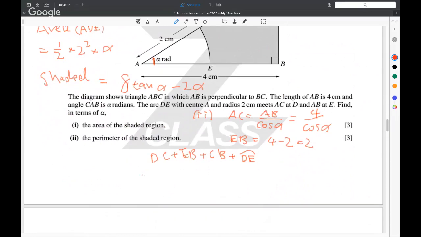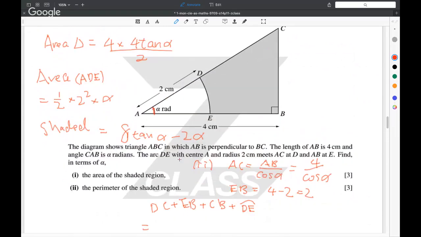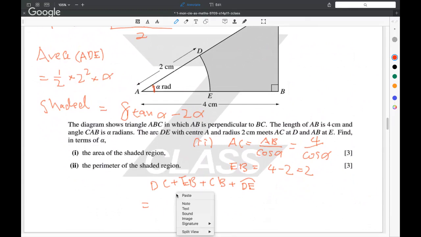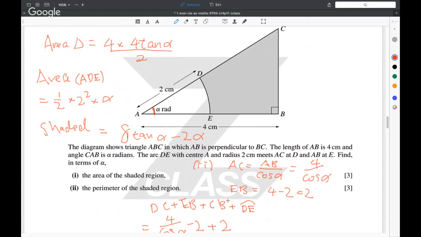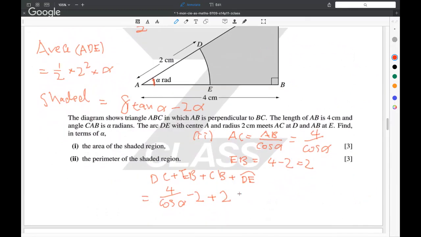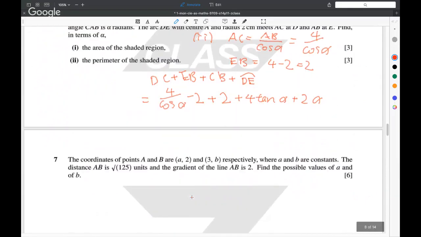DC would be AC minus AD, so that would be 4 over cos alpha minus 2, plus EB, that's 2, and CB would just be 4 tan alpha, as we've shown before, and then the arc DE is 2 alpha, and that will give you the correct answer.